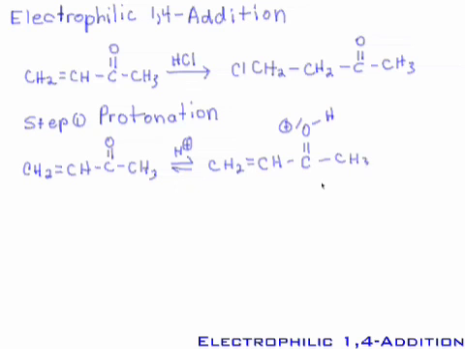Now those are the delta pluses that would be located here and here. We often represent this by drawing resonance structures. So I can draw the first resonance structure, if you like. Plus here.